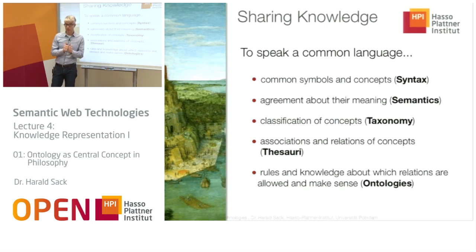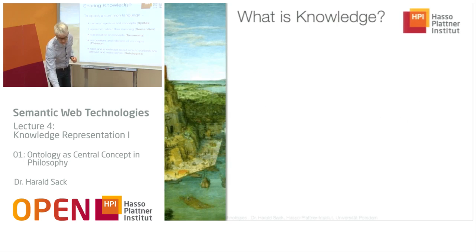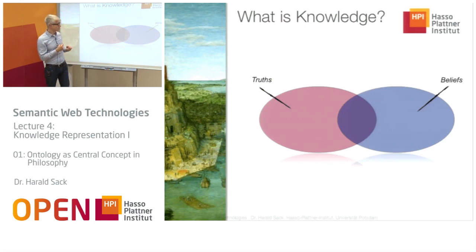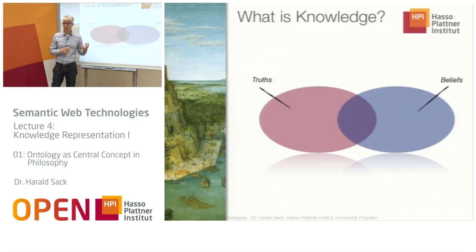So, for the first thing, we want to share knowledge. So we have to define what is knowledge. To define knowledge, we have to take another perspective. First, in the world, there are some basic truths, things that are considered true. But you have certain beliefs, and not all of your beliefs are quite true. But of course, these two sets have a common subset, so they have an intersection.